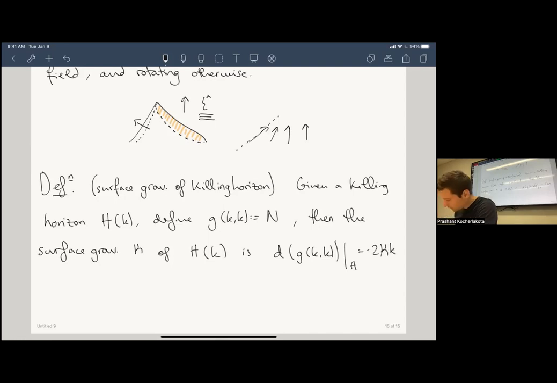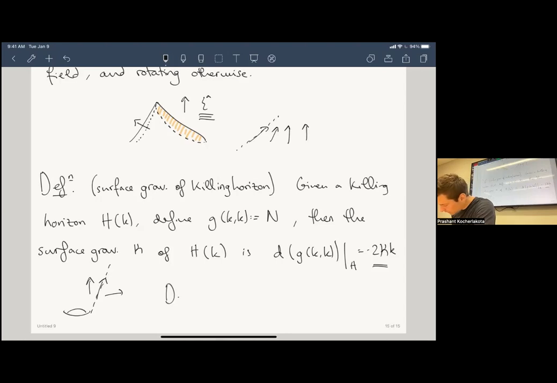This vector field is null on this hypersurface. Okay, it's null, but it might be changing. It might be becoming time-like, or it might be becoming space-like, and the derivative of this gives you a right-hand side, and the coefficient of this right-hand side is what we call the surface gravity.